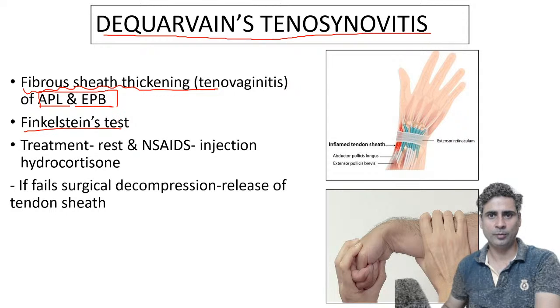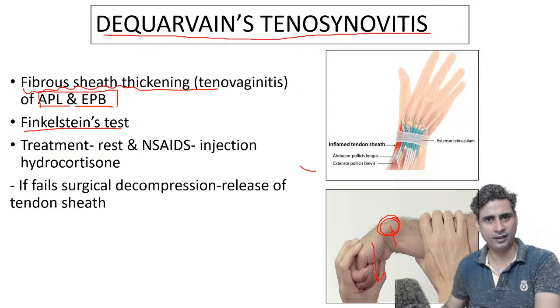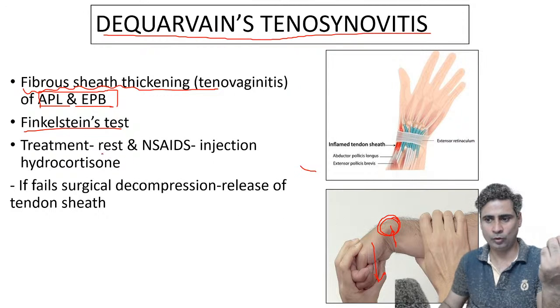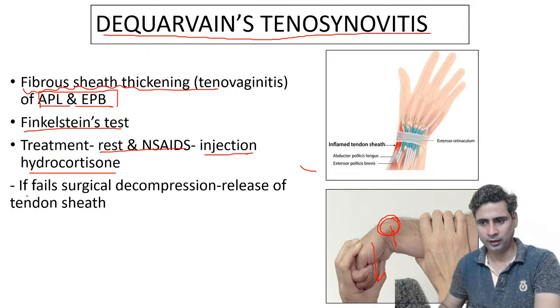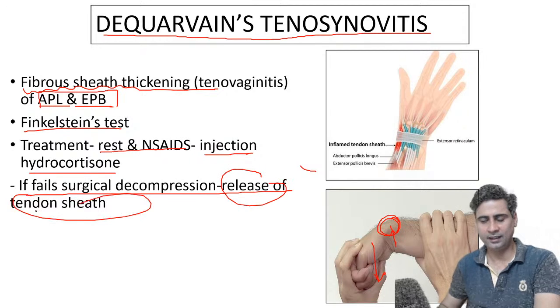We ask the patient to make a fist with the thumb inside the fist and we suddenly do ulnar flexion. There will be pain around this area, known as Finkelstein test. Treatment is almost the same as tennis elbow: rest, anti-inflammatory drug. Not improving, local corticosteroid injection. Not improving, then surgical decompression, that is release of that tendon sheath.